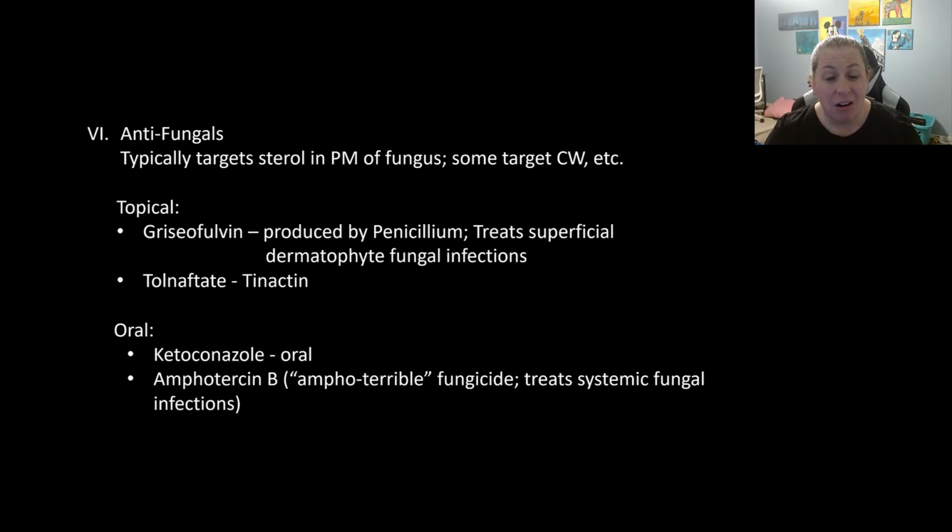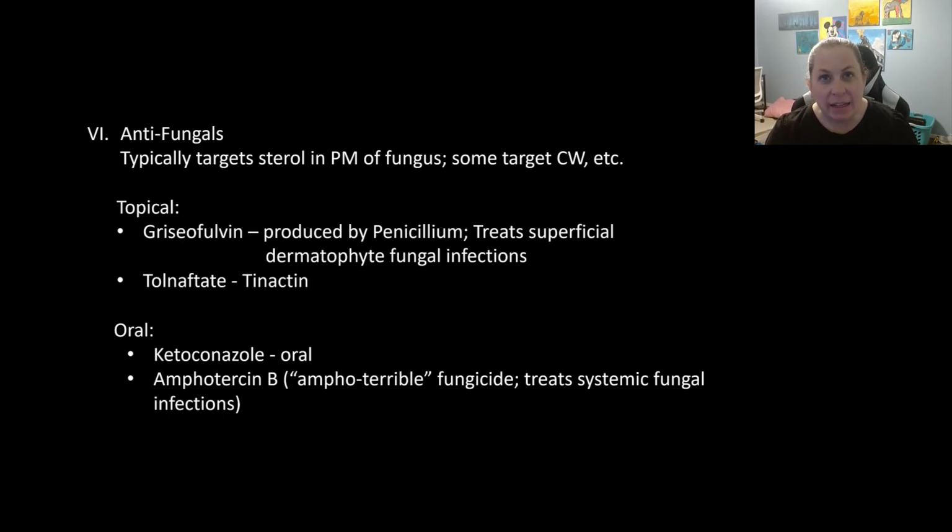Remember that these guys are harder for us to treat because their cells are a lot more like ours, because they are eukaryotic cells. Some examples are going to be griseofulvin, which is produced by Penicillium. This is going to treat superficial fungal infections that we call dermatophytes, and so they're going to help with, of course, more on the skin. We also have tolnaftate.